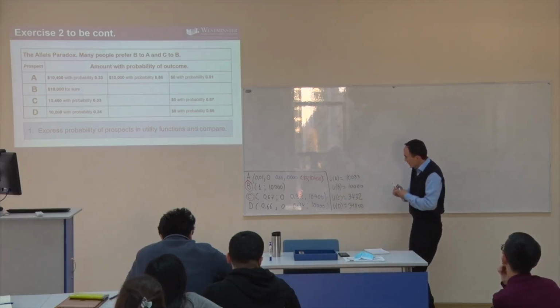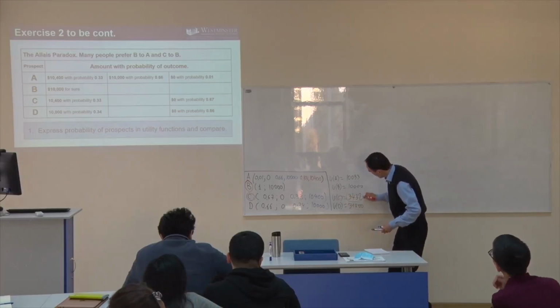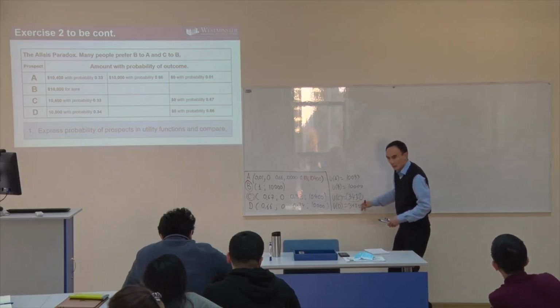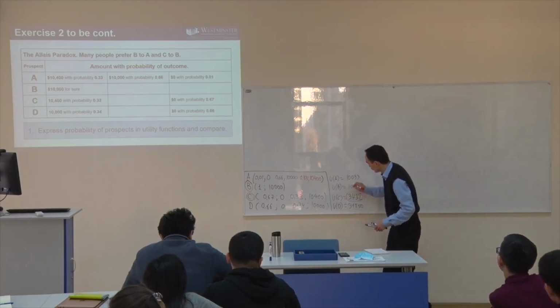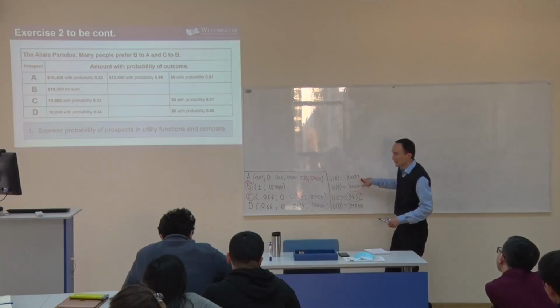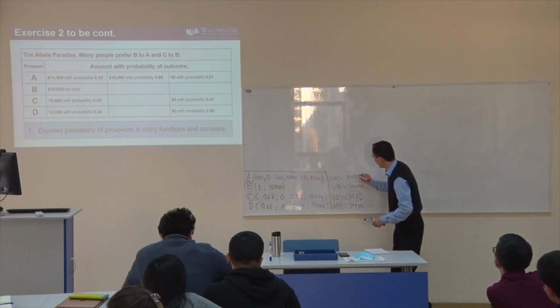All right. People are choosing C over D, which makes sense. Okay? But now here, people are choosing B over A, even though expected utility is higher for A. This is 10,032, okay?